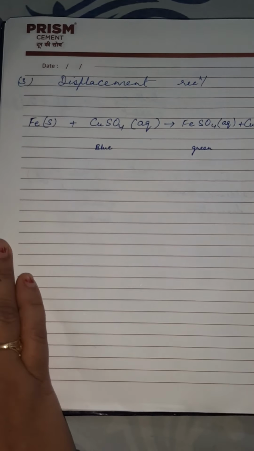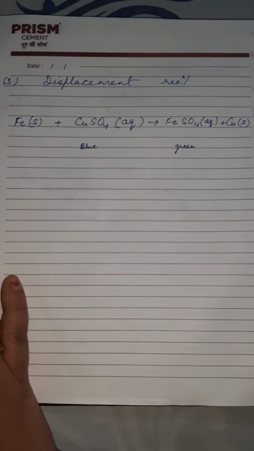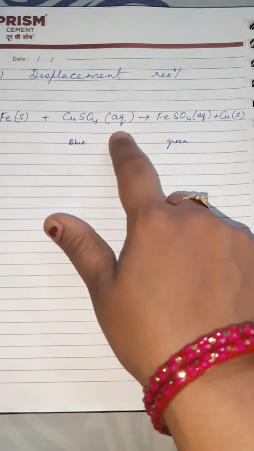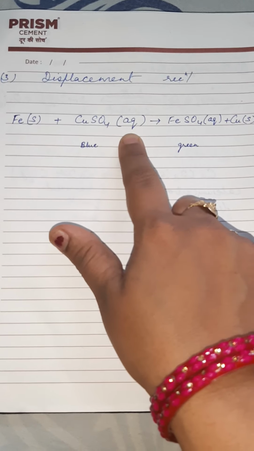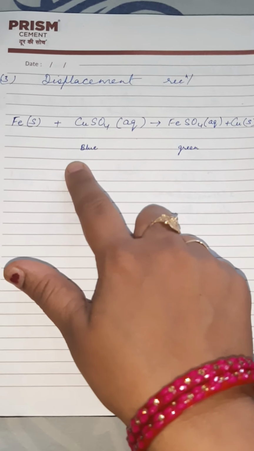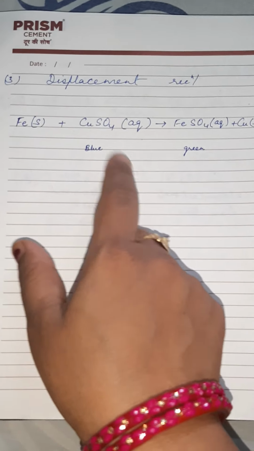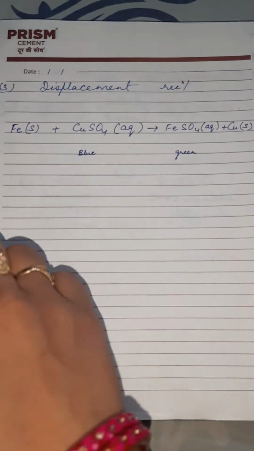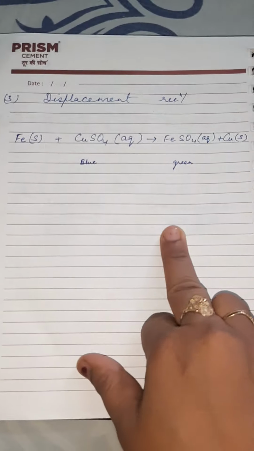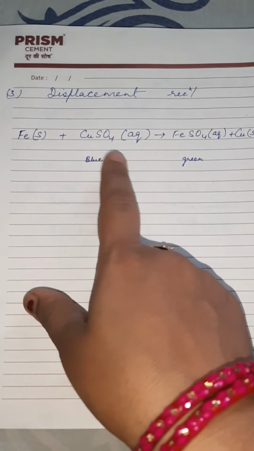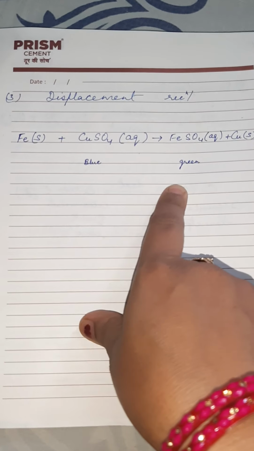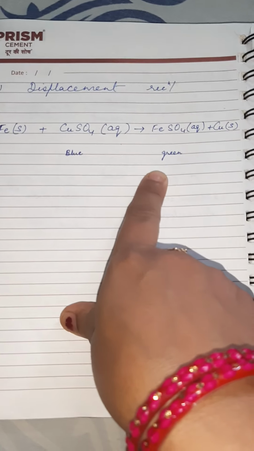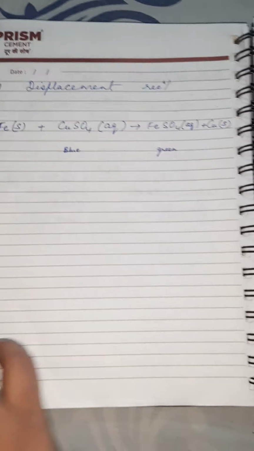In this, copper sulfate is mixed in water, because it is written aqueous solution, so copper sulfate is mixed in water first of all, and it is blue colored. And when one iron nail is placed in this solution, then after a few minutes, iron combines with the sulfate and makes a green iron sulfate solution, and copper is separated in solid form.